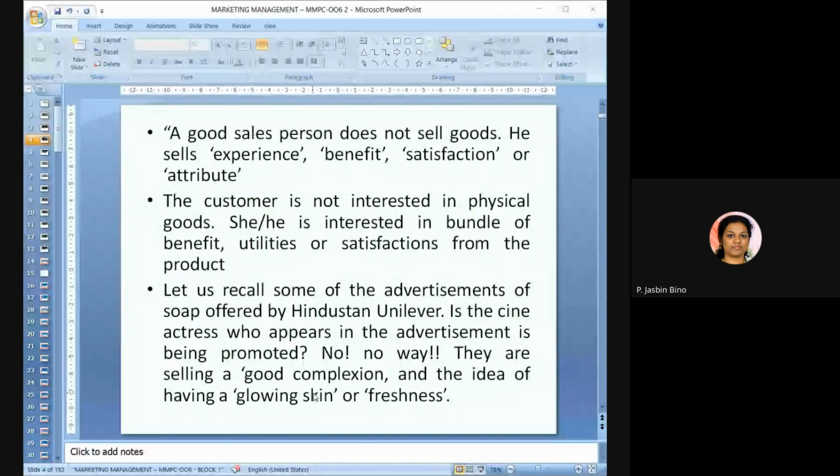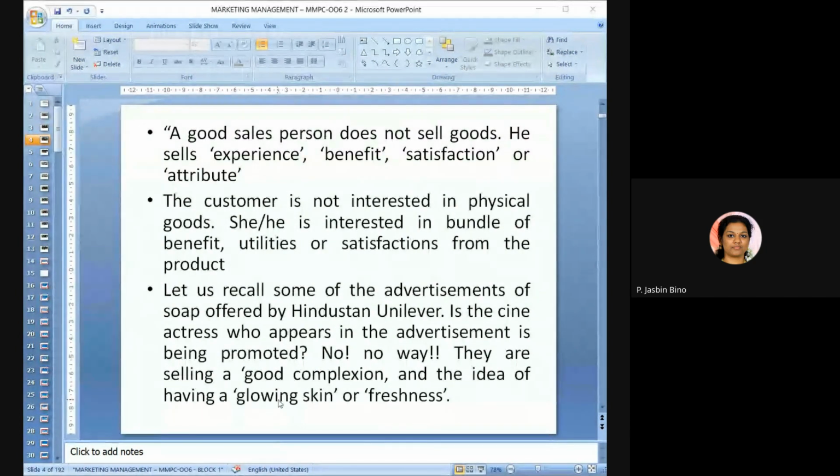That is what a good salesperson does. The customer is normally not interested in physical goods, but is interested in a bundle of benefits. Whenever we want to buy a product, we need something, and when we are purchasing a product, we should be benefited by the product. That is the main thing. So he'll be interested in the bundle of benefits, utilities, or satisfaction from the product.